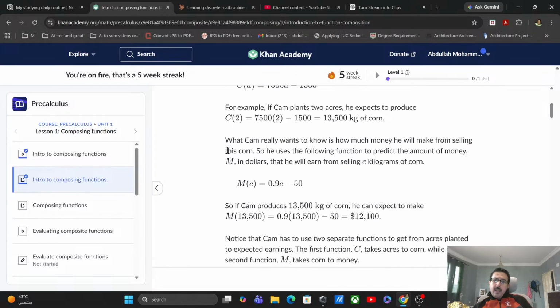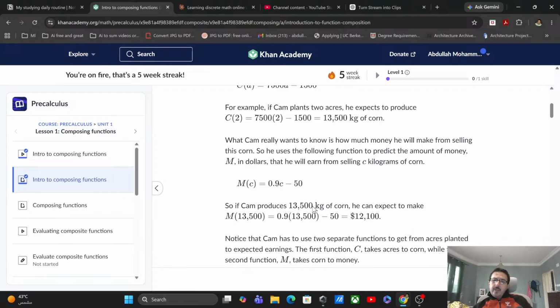What Cam really wants to know is how much money he will make from selling this corn. So he uses the following function to predict the amount of money M in dollars that he will earn from selling C kilograms of corn. So M of C is 0.9 times the kilograms minus 50.